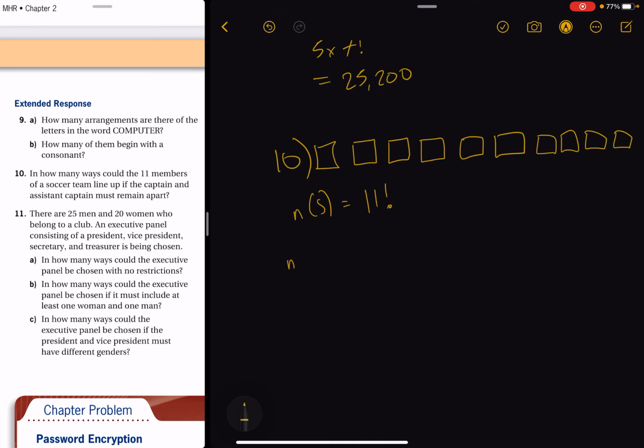How many ways were there together? Well, when they're together, the trick is to count them as one, right? So if they have to be up together, then we essentially count one of these as one.